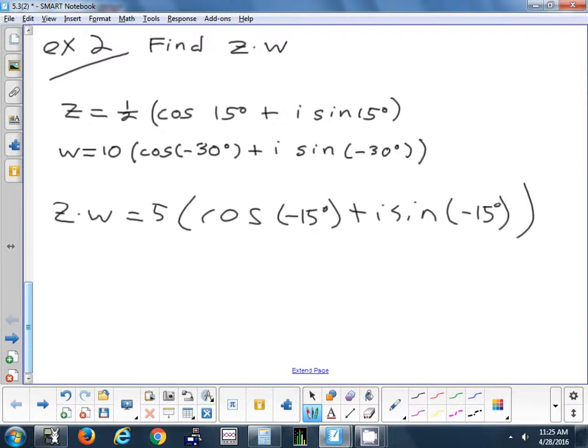Now I showed you two ways we can get rid of a negative. On the tests, they're probably going to write the answers with a positive angle. So what's something I could add to that number to make it positive? You could add 360. So what would this angle be as a positive? 345. Yep. And I'm not going to go through the second way you can make it positive.